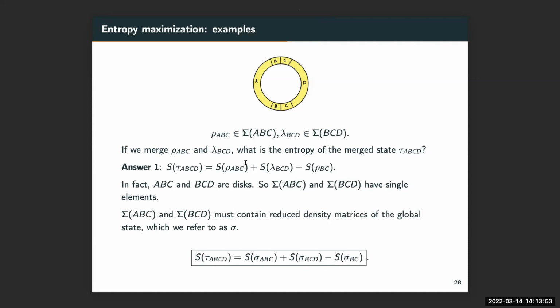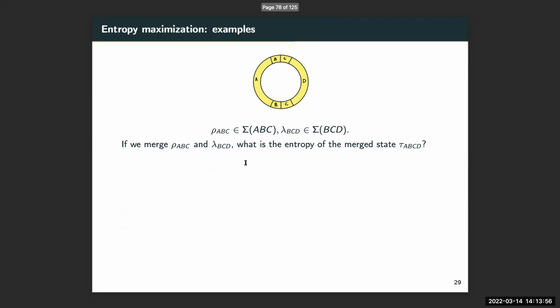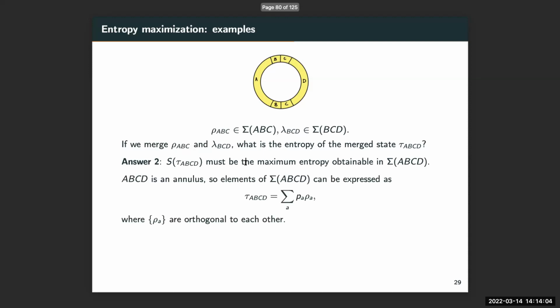But that part is not too special. There's a second approach, which is to directly carry out this maximization problem. So how does that work? Now you realize that the information convex set of ABCD is actually a simplex. I think I've already told you that. And that means that without loss of generality, you can write down this density matrix tau ABCD as a convex combination of certain states.